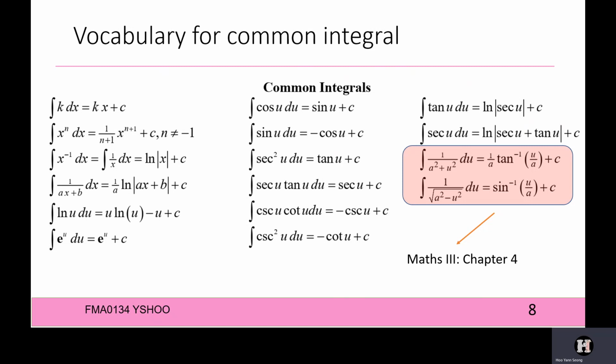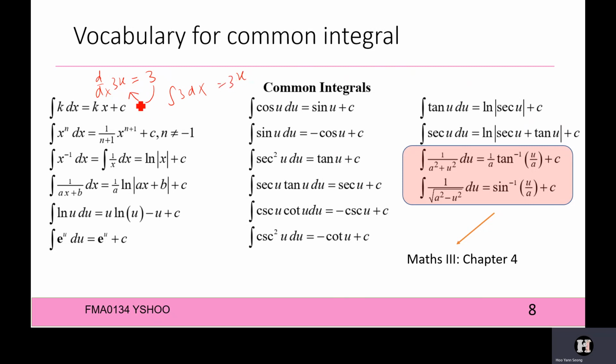The only thing is that now it is the reverse. The most common one is when we integrate a constant k, it becomes kx plus c. Why? Because when we differentiate 3x, it equals 3. So when we integrate 3, we revert back and you will get 3x.